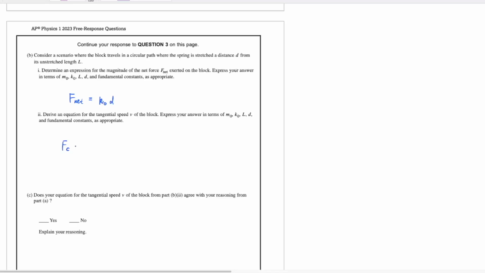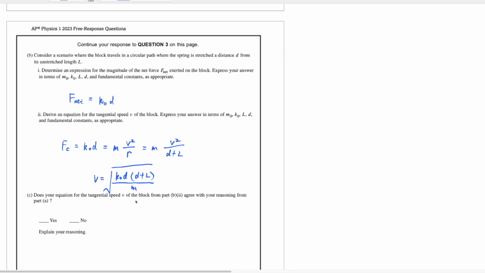So centripetal force is K naught times D, and that is M V squared over R. So we should express R in terms of D plus L. Now for V, we need to multiply K naught D by D plus L, and then divide by M. This is V squared. So V is just the square root of this term.